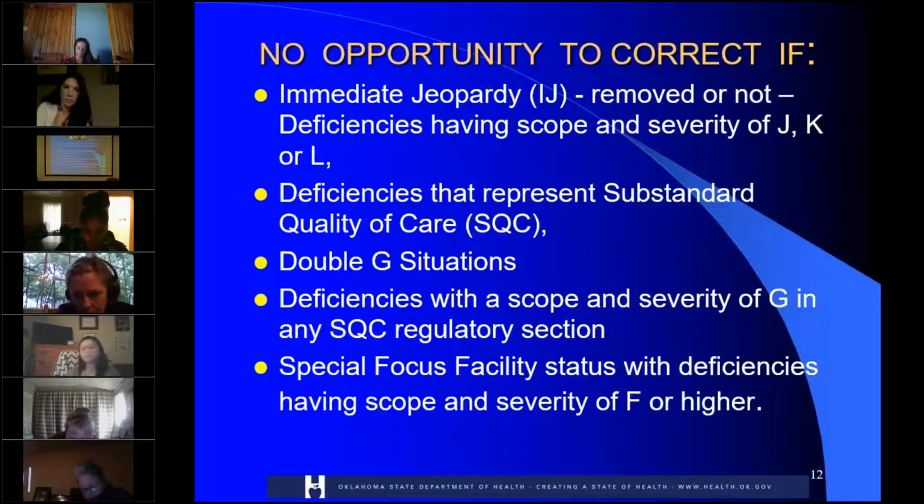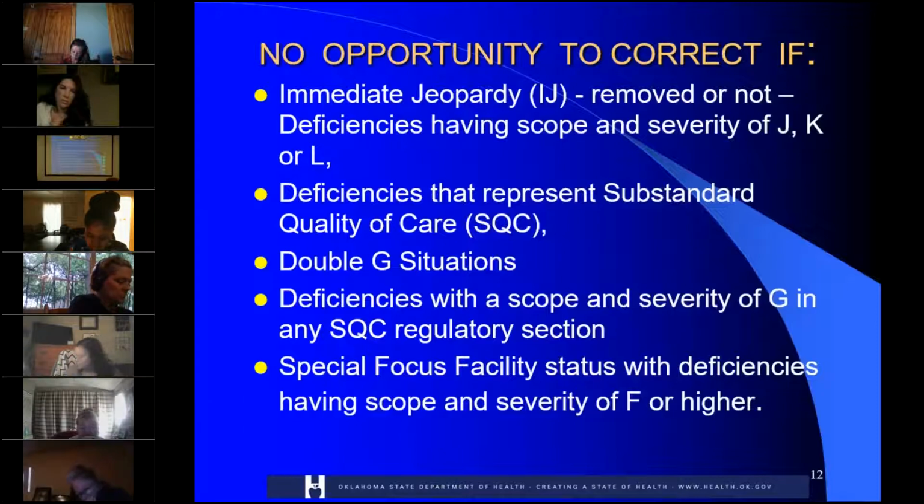And then special focus facilities. Anybody know what special focus facilities are? Okay, so at any given time in the state, there are 2 special focus facilities assigned. These are chosen off of star rating from CMS. Basically we look at what the facilities are that need help, and they have, at least in their history over the last several years, we'll identify those, they go into a pot, and then we recommend who's going to be the next special focus facility.